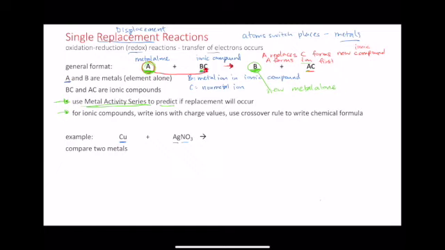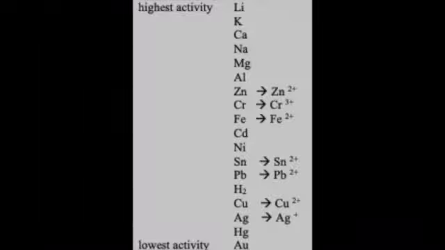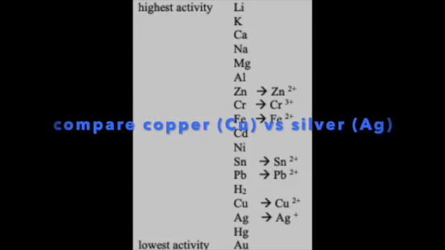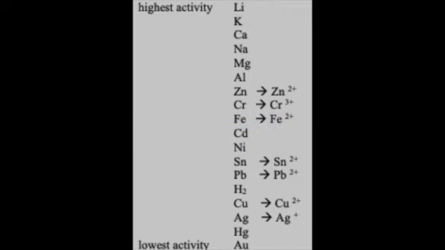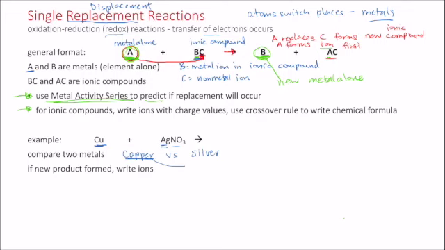So using the activity series, you compare two metals. Look at copper versus silver, which is Ag. On that activity series, you find that copper is the higher metal. And so this is the higher metal, and it will replace the lower metal, which is silver.